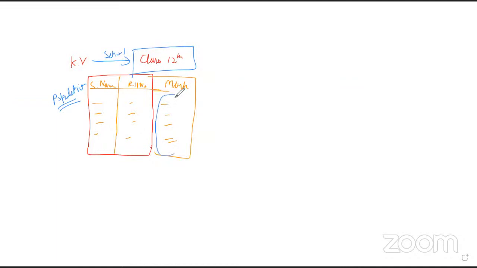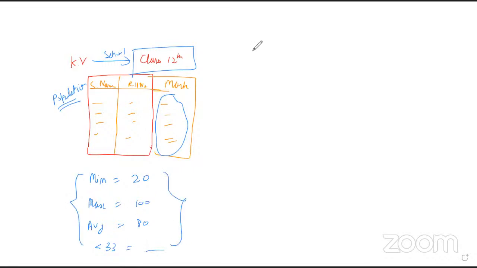And from this data, I can tell that minimum marks is, let's say, 20, maximum is 100, average marks is, let's say, 80 or something. We can define the number of students who score less than 33. We can obtain such data from this, and all this is nothing but describing this data set.